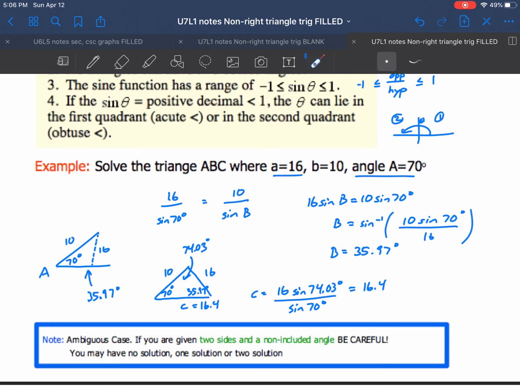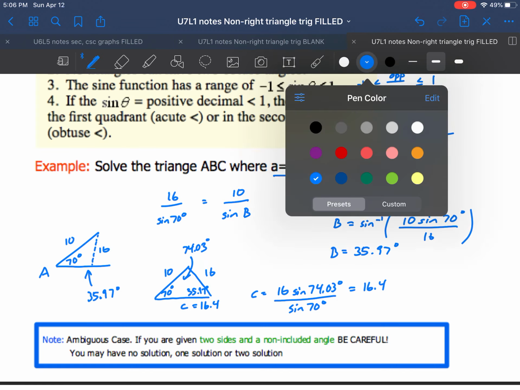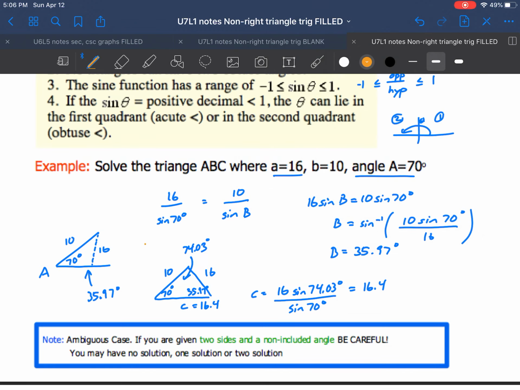And if I look at this triangle, it makes sense: smallest angle, smallest side; bigger angle, bigger side; biggest angle, biggest side. So this is one triangle. I should write this all out, but I don't want to make the video super long. So that's one solution, right?